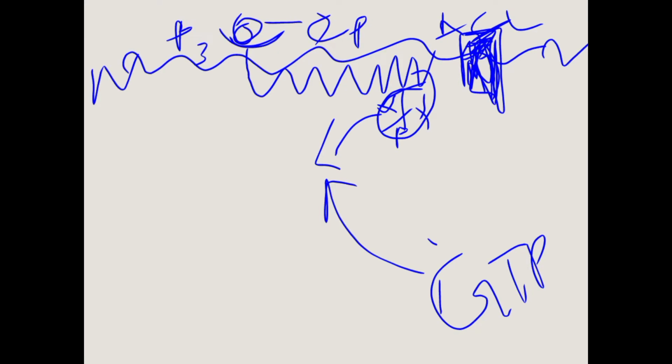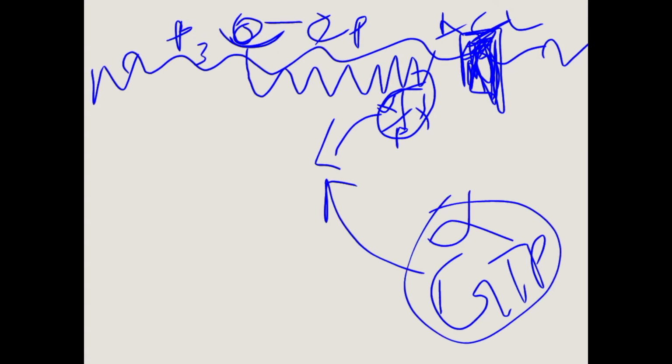So this alpha now, since it's bound to this, it will take this GTP to the adenylyl cyclase, give it one phosphate to phosphorylate this adenylyl cyclase. So this will phosphorylate the adenylyl cyclase, so the adenylyl cyclase will become active.